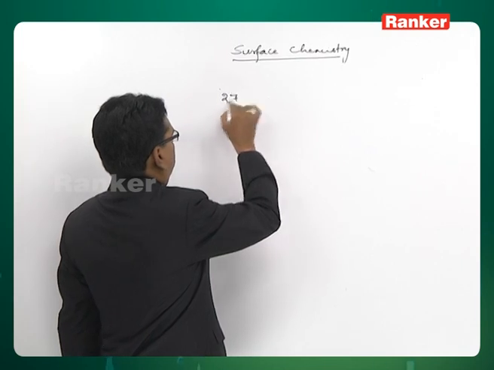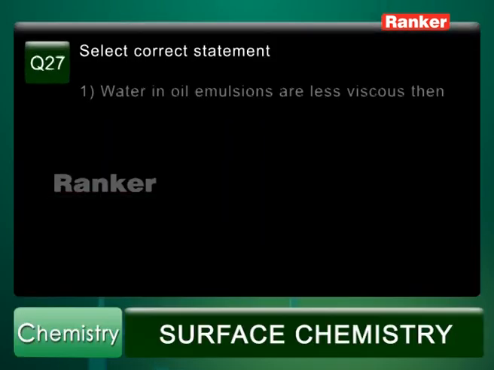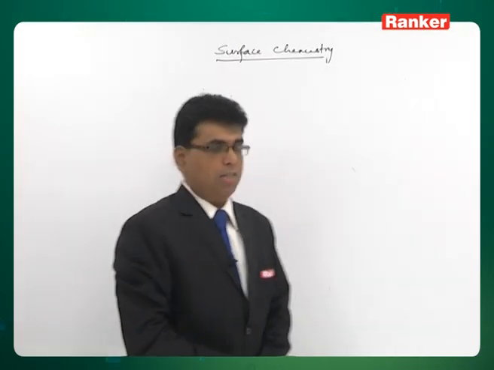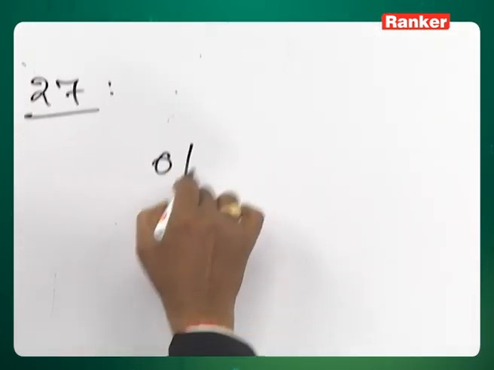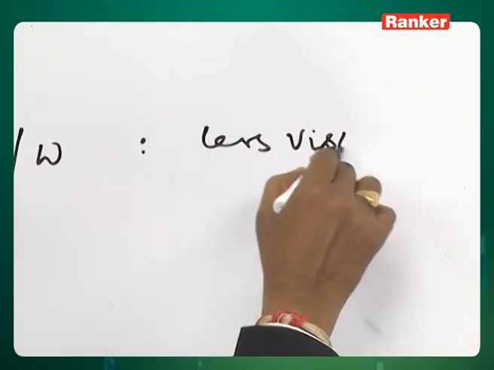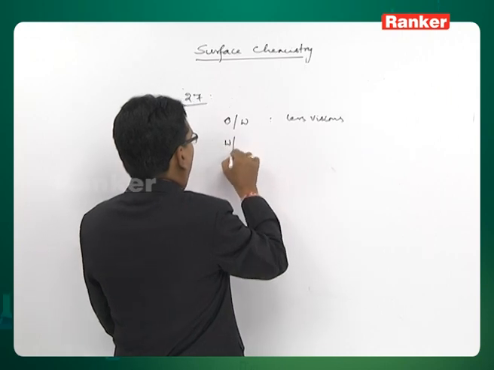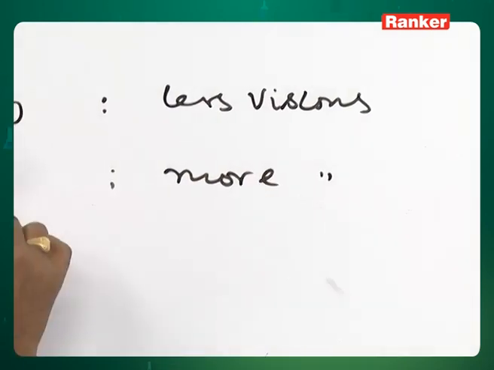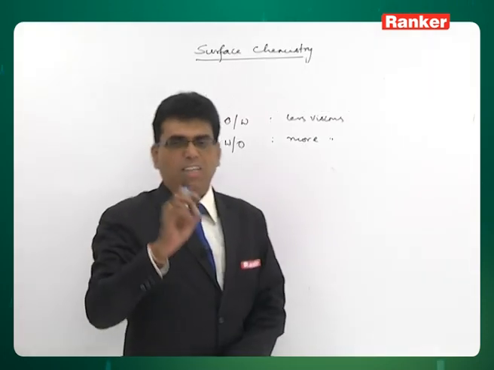Now, question number 27, select the correct statement. This is regarding emulsions. Water in oil emulsions are less viscous than aqueous emulsions? No, because oil in water is less viscous and water in oil is more viscous, because here oil content is more, water content is less.